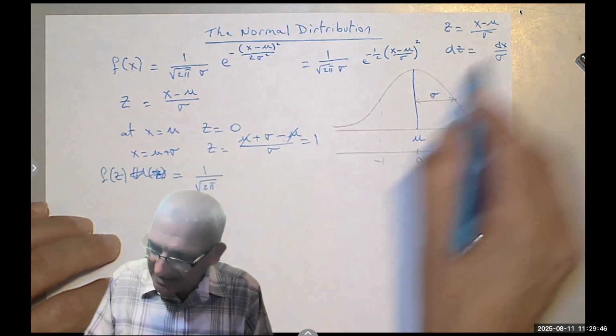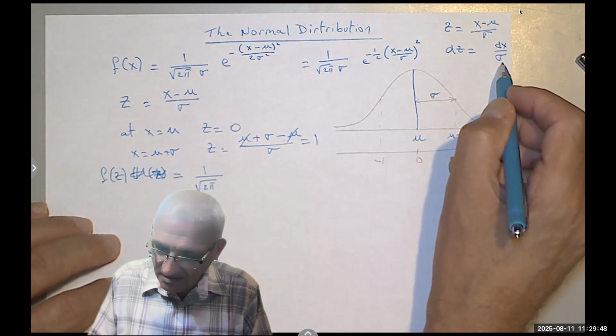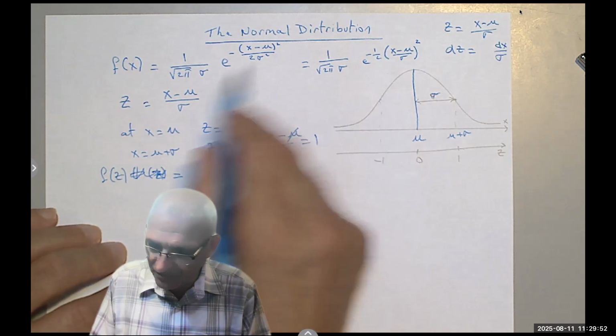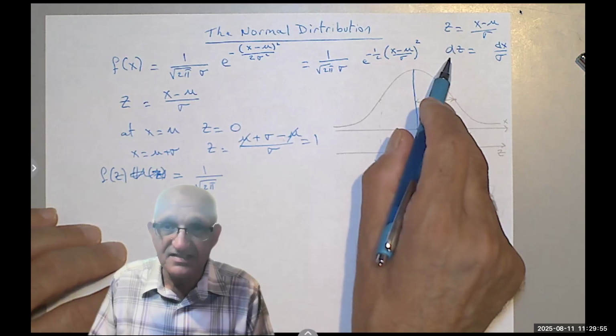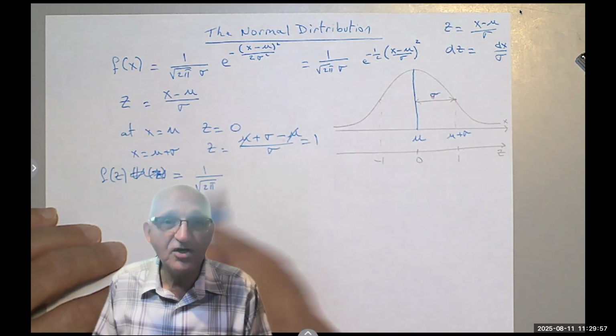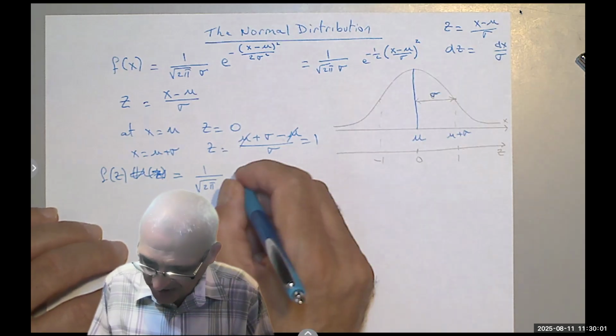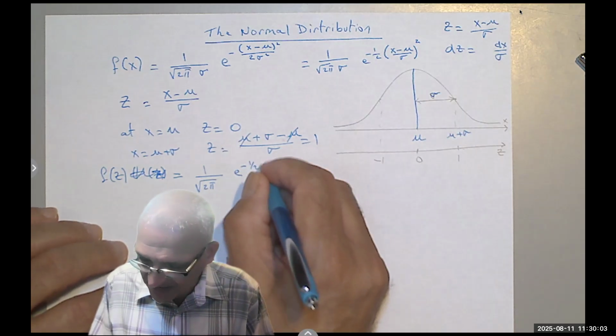So the integral with respect to dx over sigma becomes just dz. So there's no sigma here. We got rid of the sigma by taking that change.